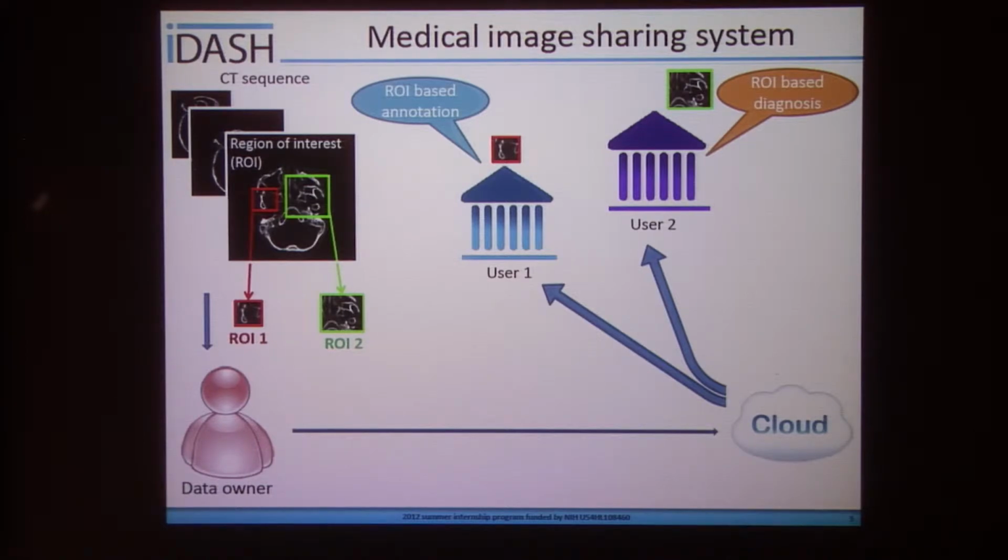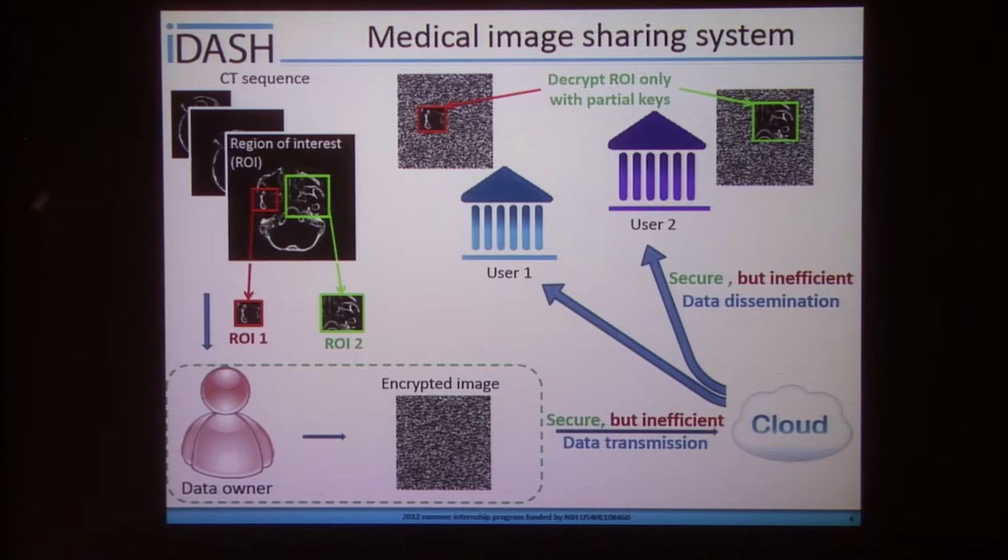Since CT sequences contain significant sensitive and private information of the patient, it is extremely important to send these medical images in a secure way, as well as limit the access of each user to his or her desired ROI only.